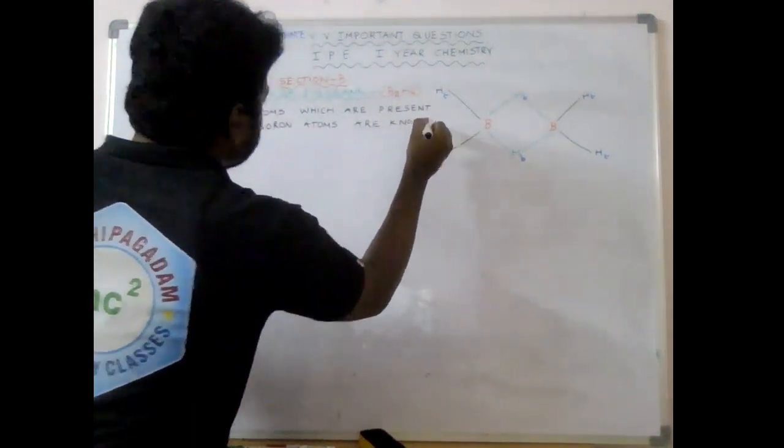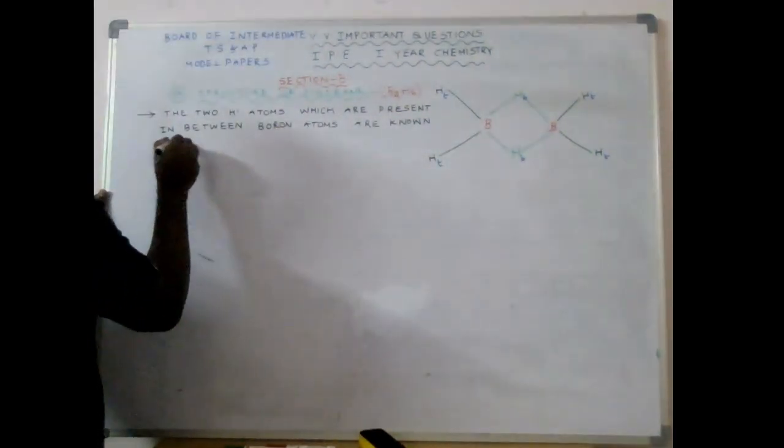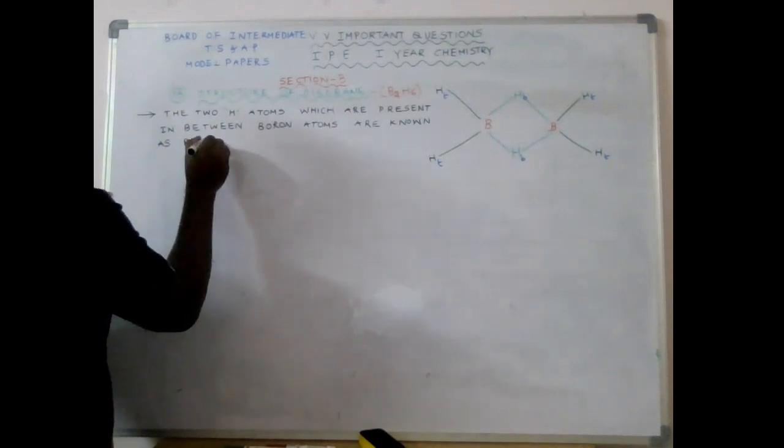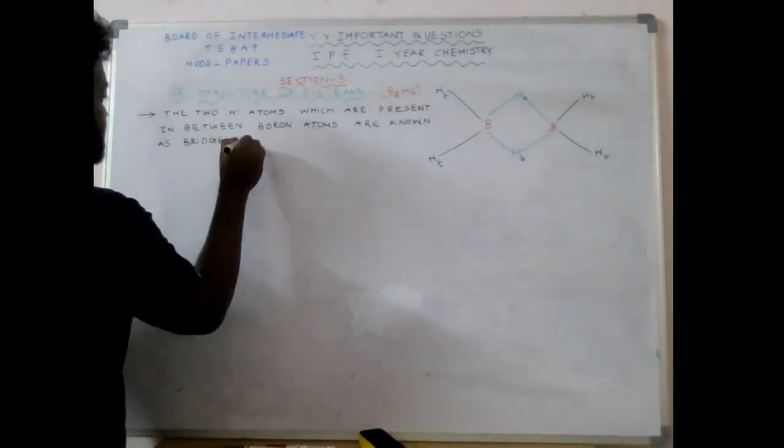HB means bridge, so those are called bridge hydrogens.